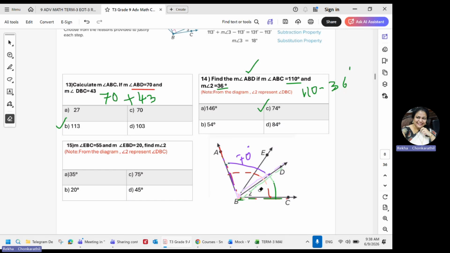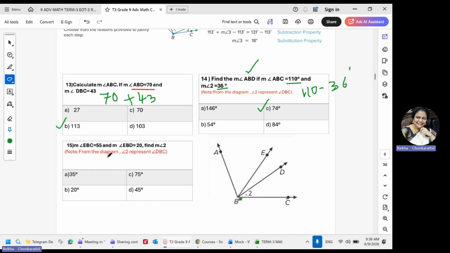And whenever the angle is represented using three letters, please try to draw the three lines yourself, not two lines yourself, from the starting point through the middle point to the other point. So when you draw the two lines, you automatically will understand where the angle is. Okay. Now, let's see question 15.